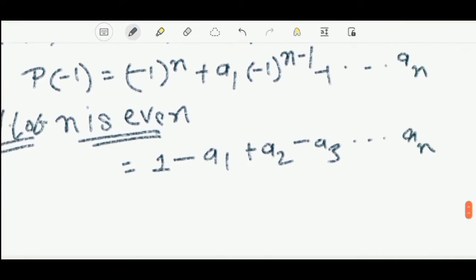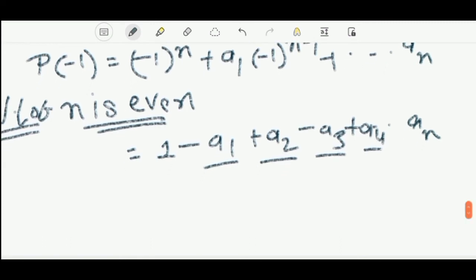And here you can simply observe that a1, a3, all the numbers with odd index are real, and all numbers with even index are also real. So this whole quantity is a real number.